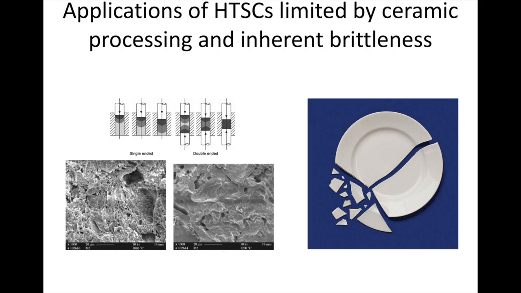And so these things have to be overcome to be able to use these, and that's one of the main reasons why there is not a large usage of these high temperature superconductors. There are special applications, but they have to account for processing limitations and the inherent brittleness. So those are challenges that we definitely want to fix if we're going to use these in the future.